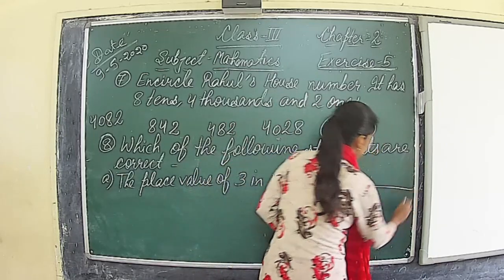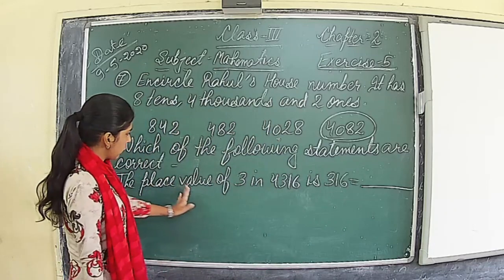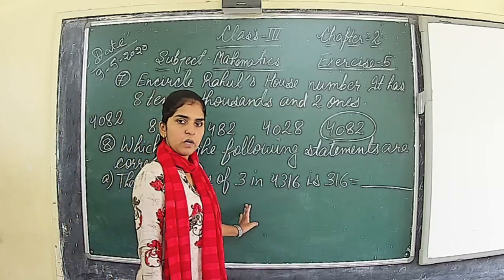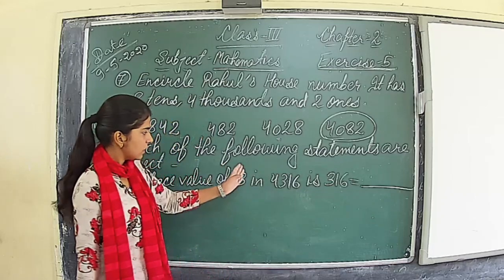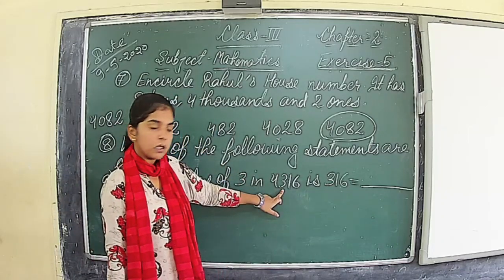Is it correct? Place value of 3. So where is 3 in this number? At 100 place, right?